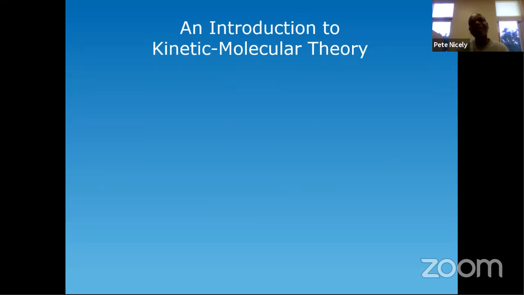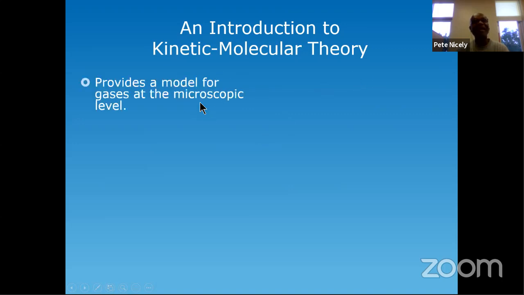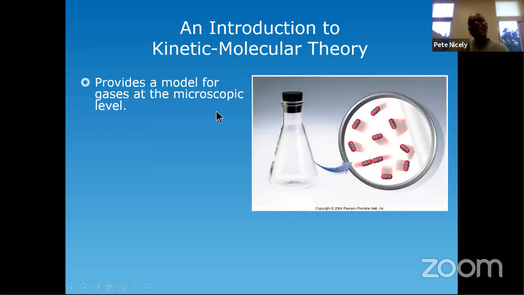So the theory that is used to explain the behavior of gases is called the Kinetic-Molecular Theory, or KMT for short. This is a model that is used to describe how gas particles behave and how that's translated into the properties that we observe, all right?